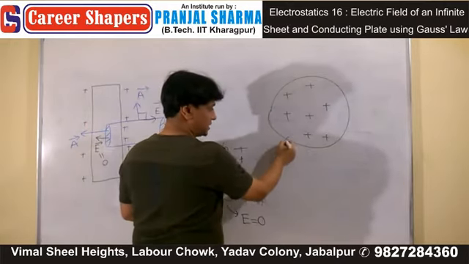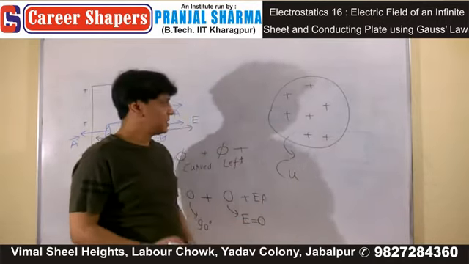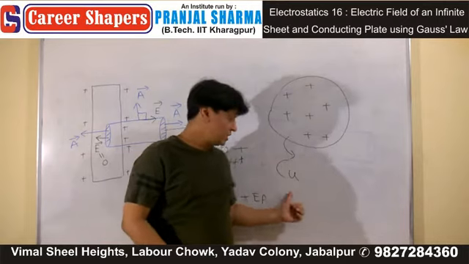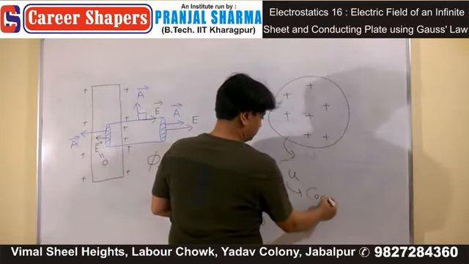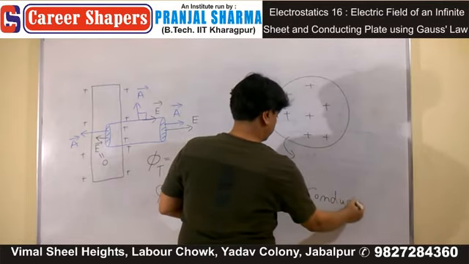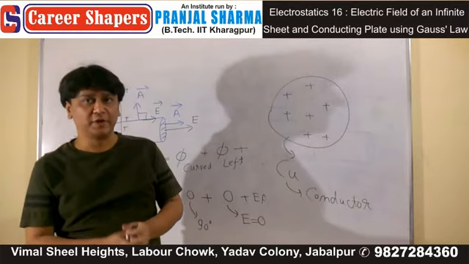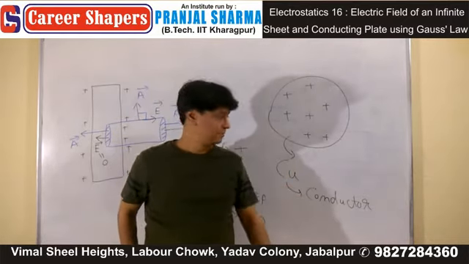So this is a conductor, remember, I take copper, and it has been given some charge. What is copper? Copper is a conductor. What do you mean by conductor? Conductor means charge can flow, charge can move.